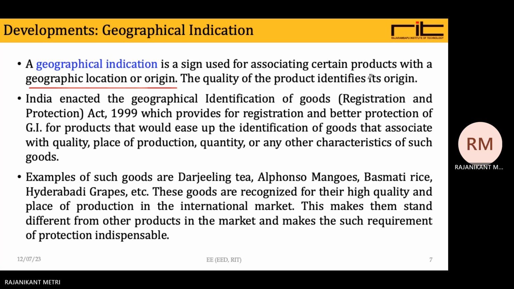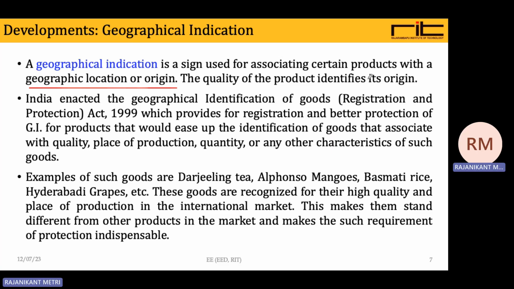And India enacted the Geographical Indications of Goods Registration and Protection Act, again in the year 1999, which provides for registration and better protection of GIs for products, that would ease the identification of goods associated with the quality, place of production, quantity, or any other characteristics of such goods.